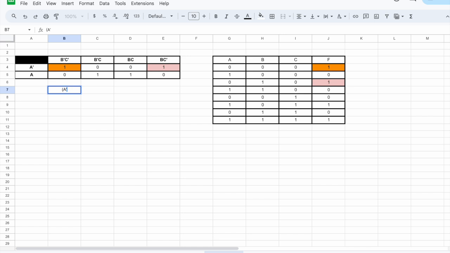Then the other one is not C. So in this particular scenario it would be not A and not C. We don't need to worry about the B, because we've got a not B in the orange and a B in the pink. So we've simplified that bit.